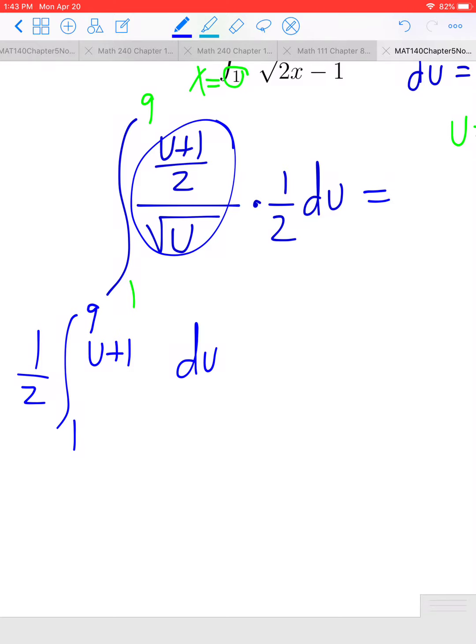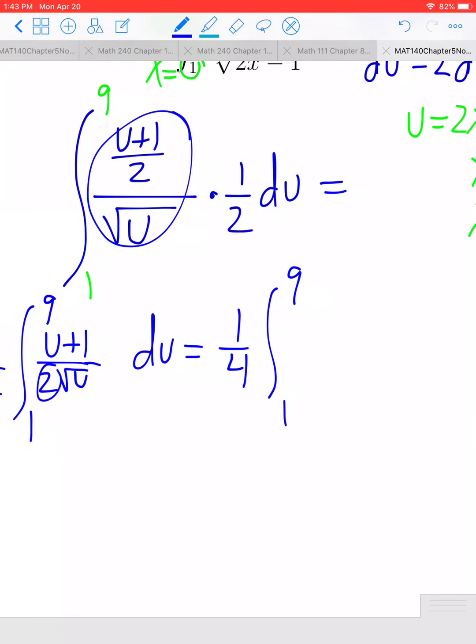It's going to be u plus 1 over 2 square roots of u. We can again take that extra factor of 2 out. It's like another 1 over half. 1/2 times 1/2 is 1/4. The integral from 1 to 9. And now we have u plus 1 over the square root of u du.